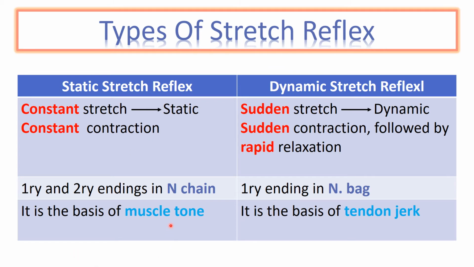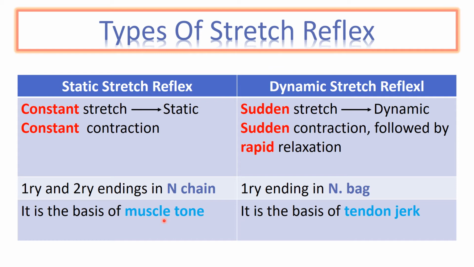So it is the basis of what we call muscle tone, because our muscles, even if not actively contracting, even during sleep, are stretched all the time because their length is always shorter than the distance between origin and insertion, and also by the effect of gravity.